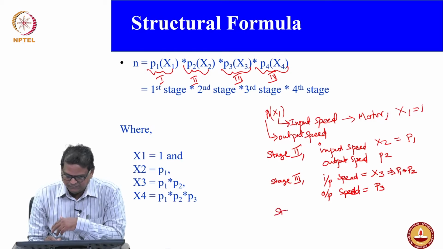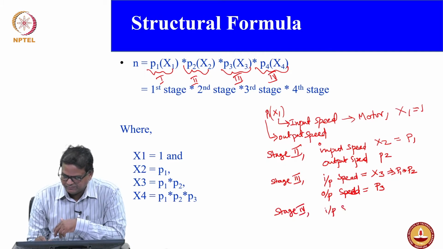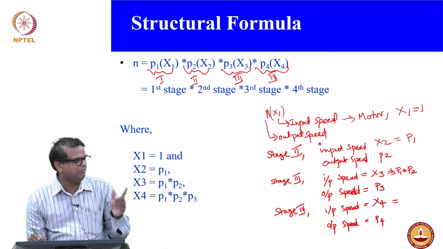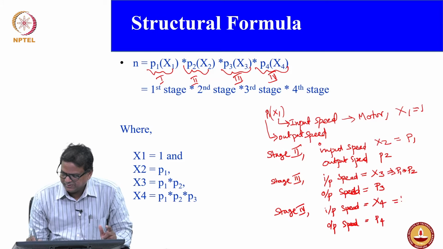Similarly, stage 4. In stage 4 what do you expect? The input speed is x4, then the output speed is P4. So, x4 is nothing but P1, P2, P3, that is what you see.